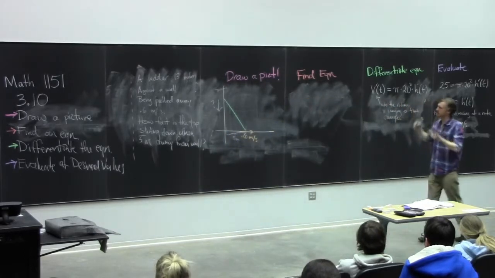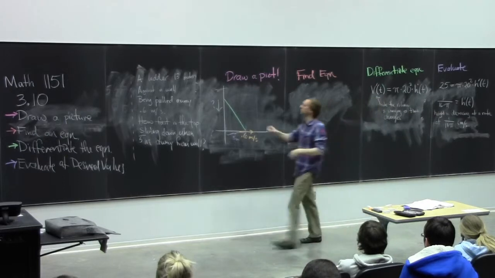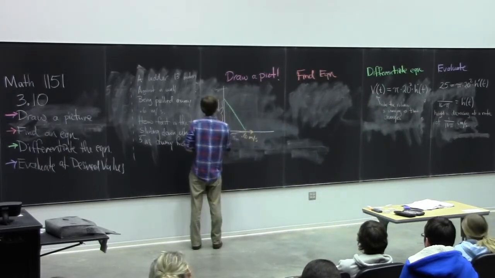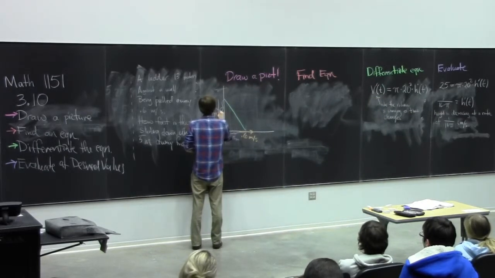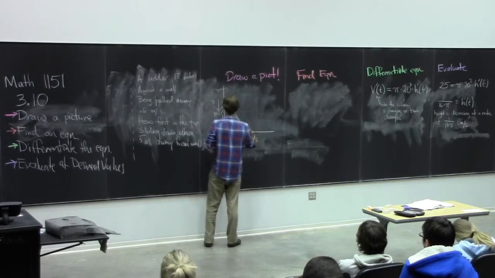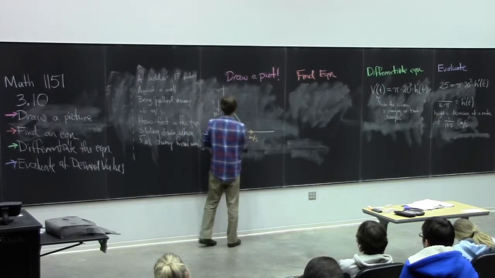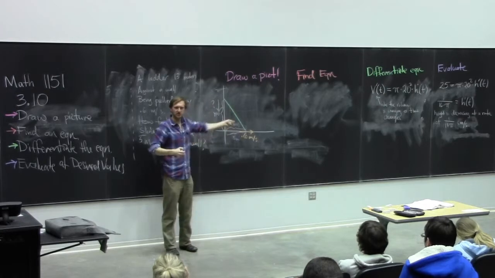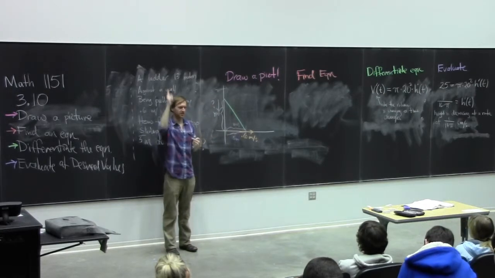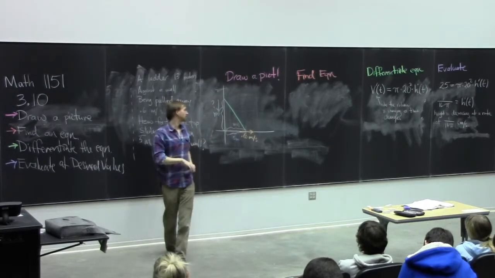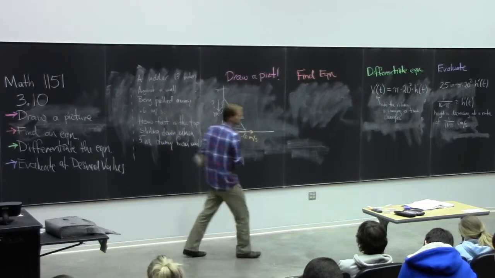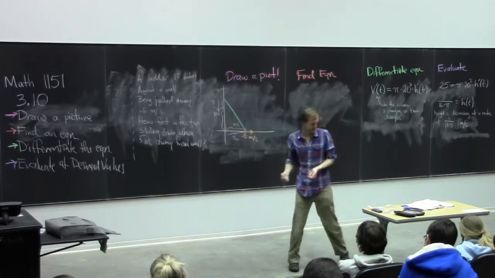Think, Bart. Think. What you should do is call this y of t, and this one x of t. So x of t is the position here, and y of t is this direction. And how long is the ladder? It's 13 meters.